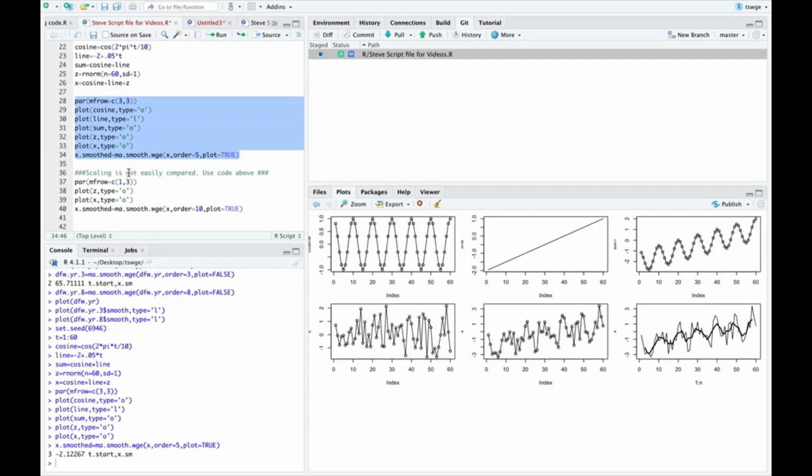We're going to look at this order of 5. So we did a smoothing average, MA, moving average smoother, of order 5. And look what it shows us. Now here we did say plot equals true because we wanted to overlay the smoothing data on top of the actual data. And what do you see? You see here that we can see our cosine curve.